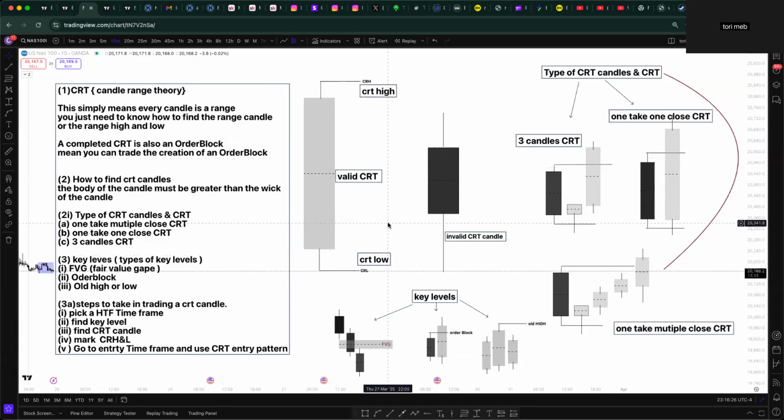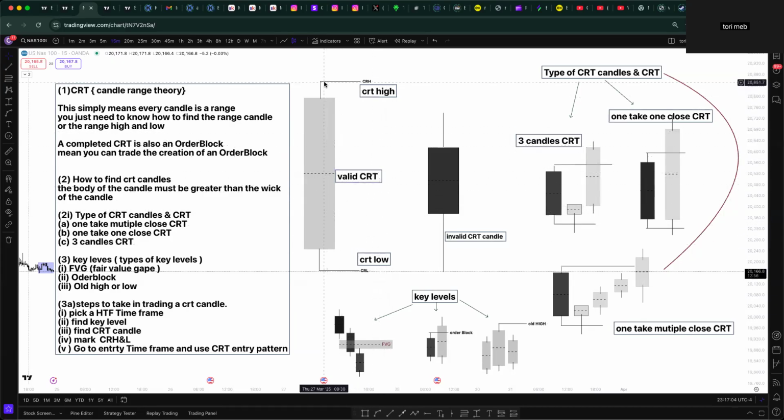Basically, on the charts we are trading based off candlesticks. If you start with a monthly time frame and a weekly time frame, and you go down to the 15 minutes, and let's say you mark out the monthly candle high and the monthly candle low, then if you drop down to a 15 minutes, you realize that could be a range high and a range low.